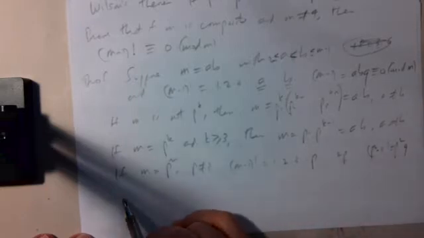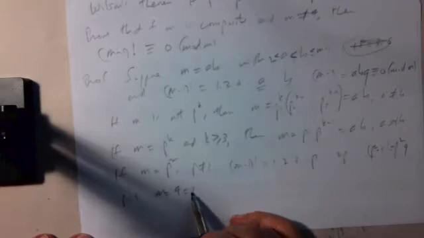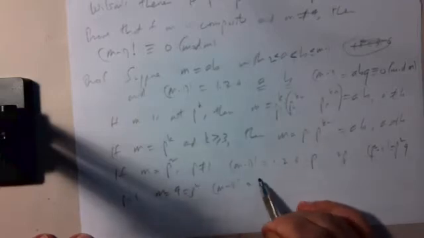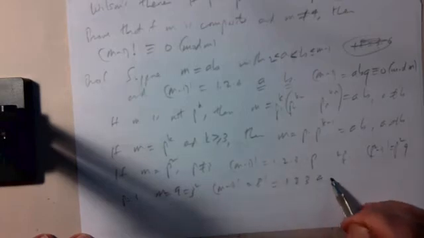For example, if p is equal to 3 and M is equal to 9, which is 3 squared, M minus 1 factorial is 8 factorial, which is 1 times 2 times 3 times 4 times 5 times 6 times 7 times 8. And I have a 3 and a 6.